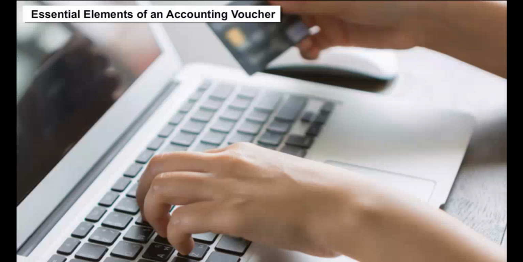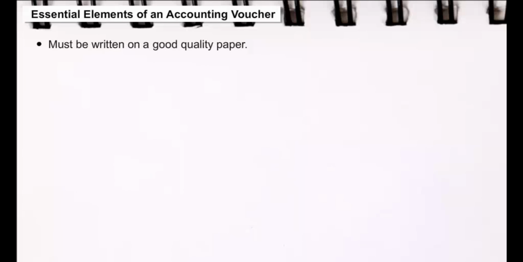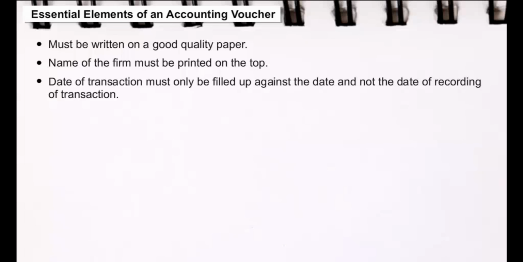Essential elements of an accounting voucher: it must be written on good quality paper, and the name of the firm must be printed on the top. The date of transaction must be filled in against the date, and not the date of recording of the transaction. The number of the voucher is to be in serial order.